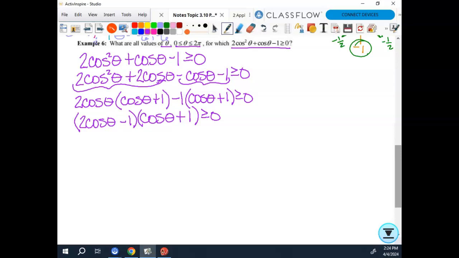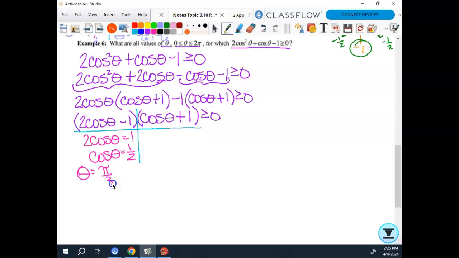All right, so then we do our zero product property, right? And I can say that 2 cosine theta is equal to 1. So cosine theta equals 1/2. So what angle gives me a cosine value of 1/2? Pi 6, do you agree with that?